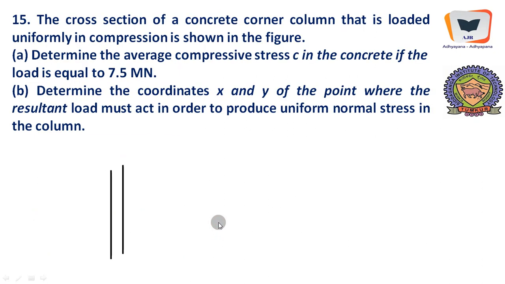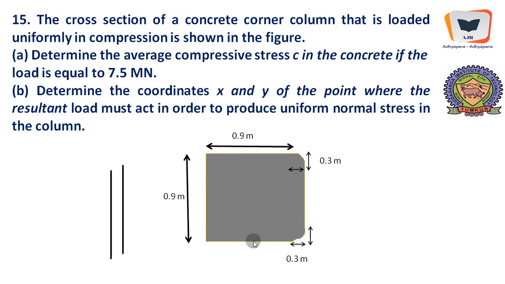The cross section of a concrete corner column that is loaded uniformly in compression is shown in the figure. Determine the average compressive stress, sigma C, in the concrete if the load is equal to 7.5 meganewton. Determine the coordinates x and y of the point where the resultant load must act in order to produce uniform normal stress in the column. Of course, this concept has been told very clearly in our first tutorial itself.